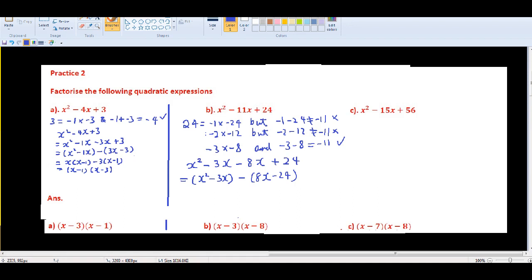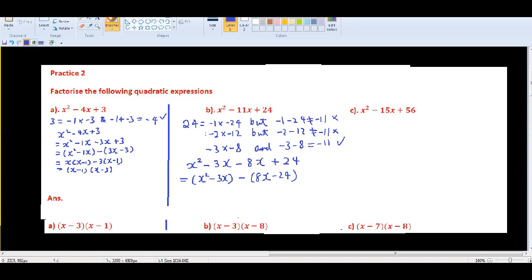So you've got minus 1 times minus 24, but of course when they add together, minus 25 is not minus 11. Minus 2 times minus 12 also gives you 24, but minus 2 minus 12 is not minus 11, it's minus 14. Minus 3 times minus 8, yes, it's 24, and also minus 3 minus 8 equals minus 11. So that means minus 3 and minus 8 is a pair of qualified factors.